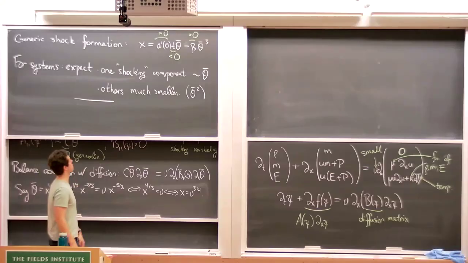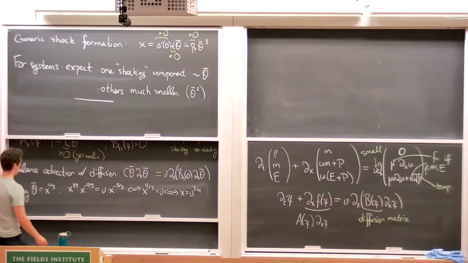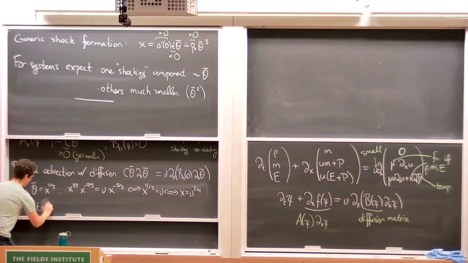And to do that calculation, I basically want to use the heuristic that x should be roughly like t times theta bar, and I can even replace theta bar by x to the 1/3. This is kind of abusive, but again, it'll give the right answer.